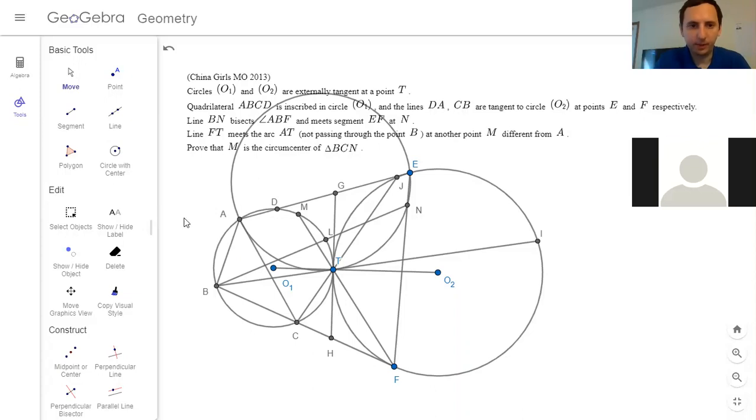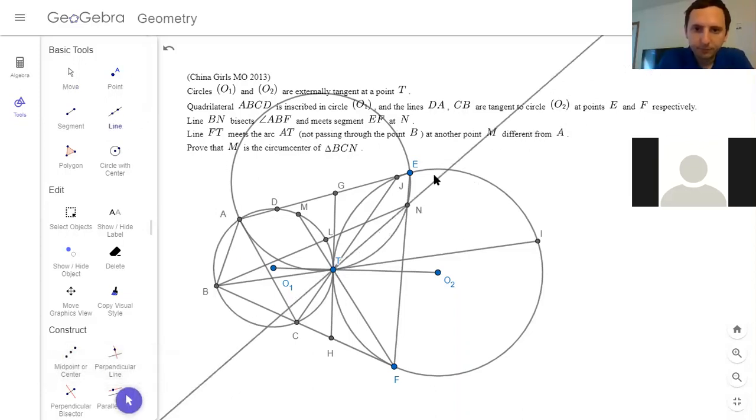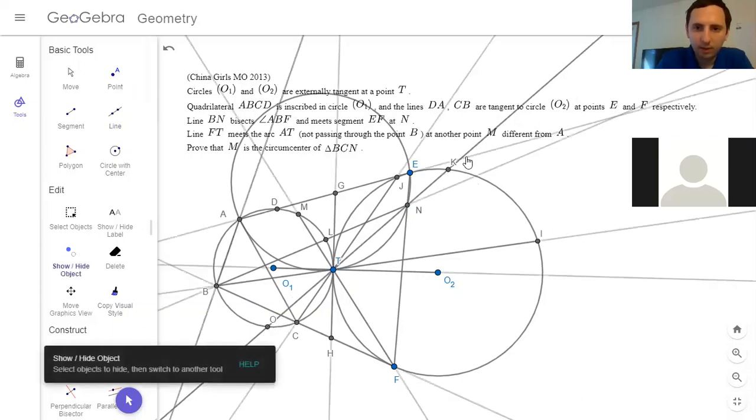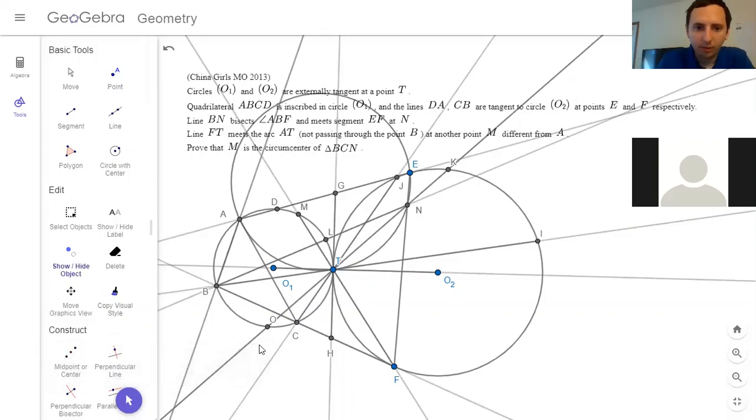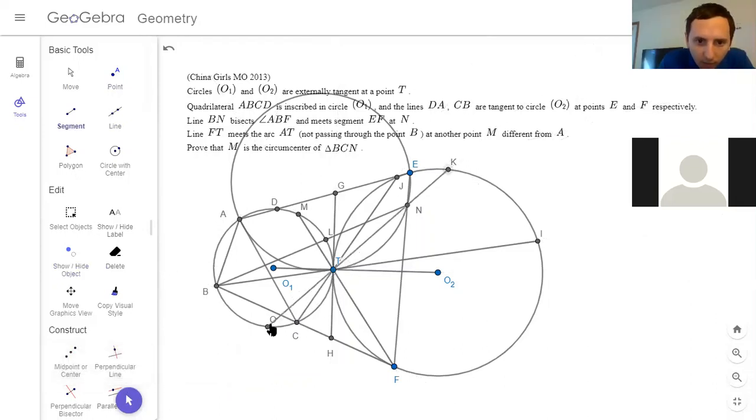Can I extend TN to meet the two circles? Sorry. Also extend TD. Okay.